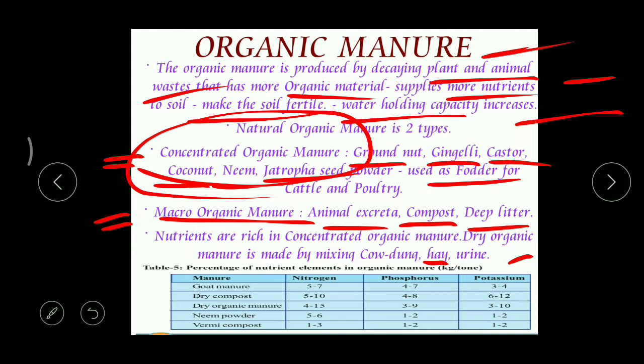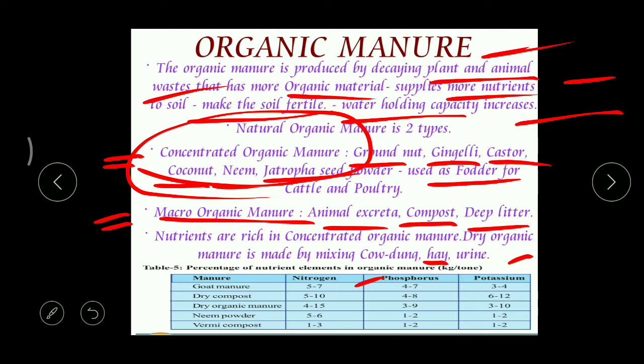So when we take this goat manure, in that goat manure we can find how many kgs of nitrogen? 5 to 7, and phosphorus 4 to 7, and potassium 3 to 4 kgs per ton. When we take 1 ton of goat manure, this is the composition of nitrogen, phosphorus and potassium.